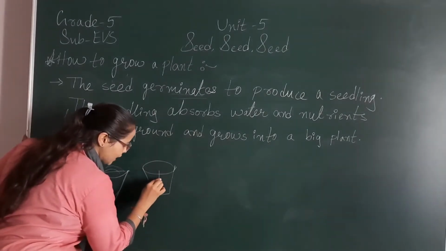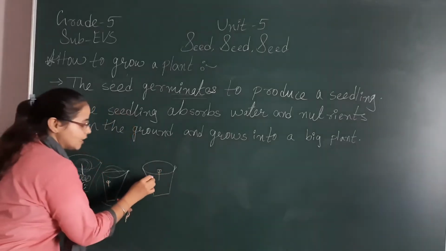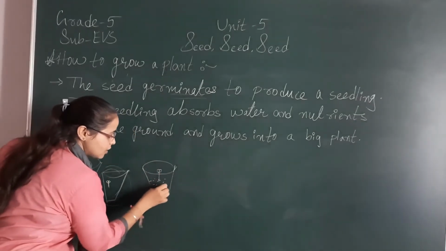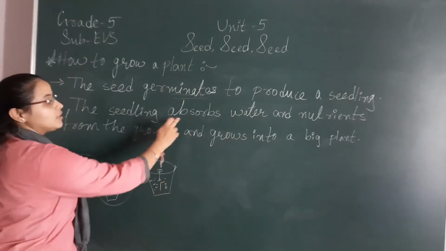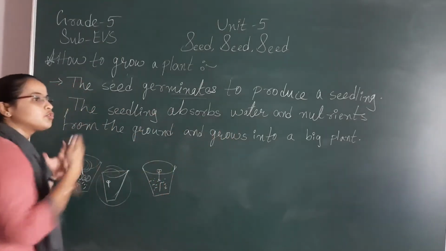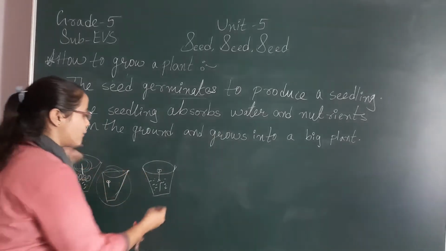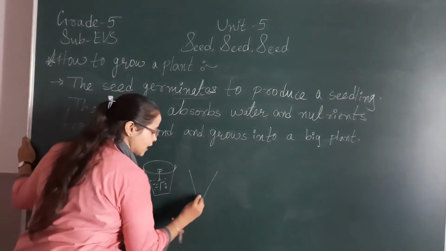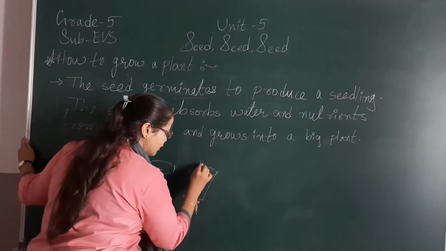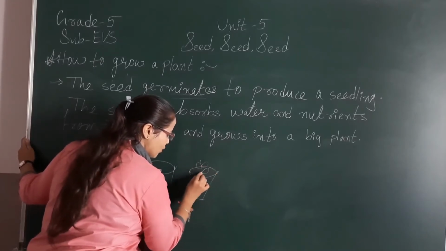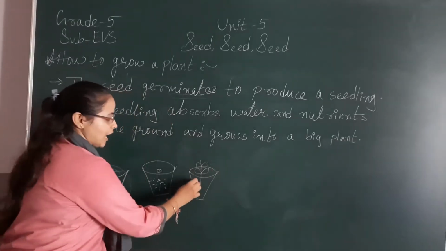My seedling, which has grown just this much, will absorb the nutrients from the soil and water also. It will start absorbing the water and nutrients available in the soil, and on the next day the process will change and my seedling will grow more. After that, more leaves will start to form.